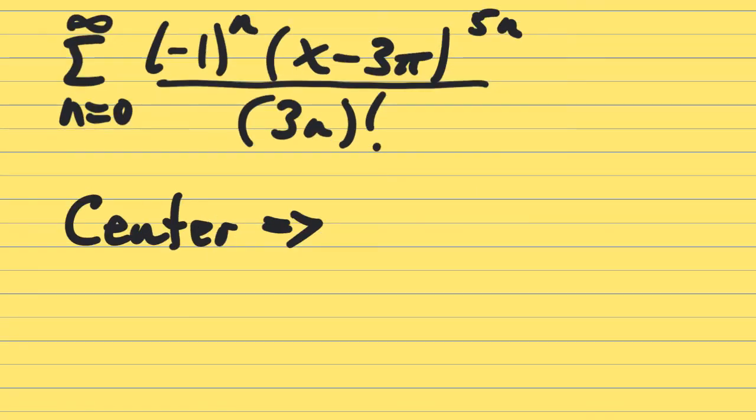Let's look at just identifying the center of a power series. We have the sum from 0 to infinity of (-1) to the n times (x minus 3 pi) to the 5n power, divided by 3n factorial. As far as just locating the center, you look for your x term.